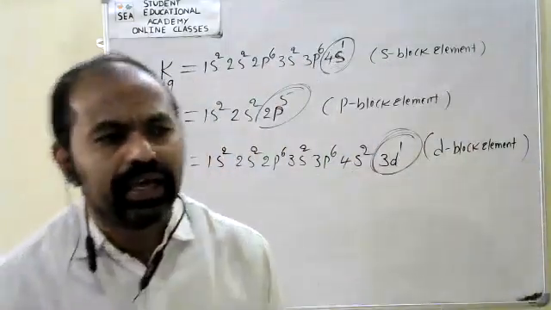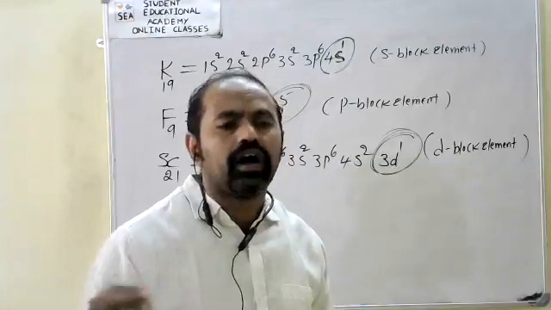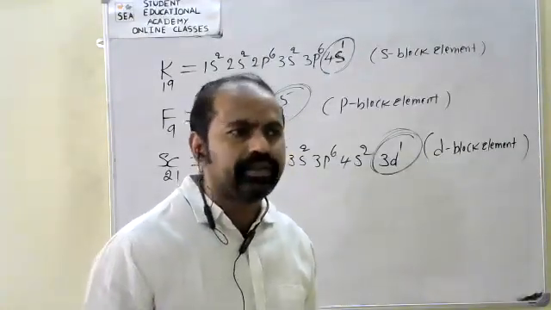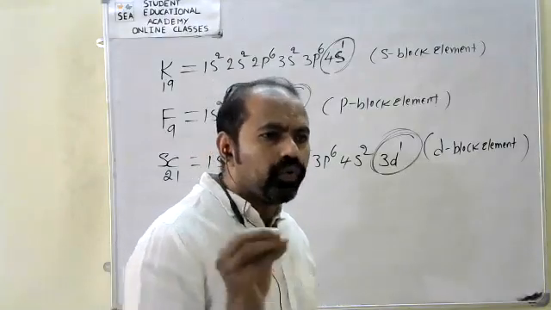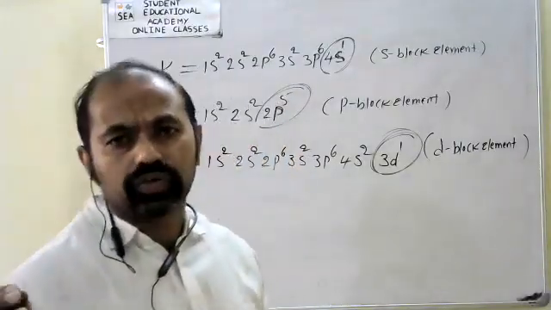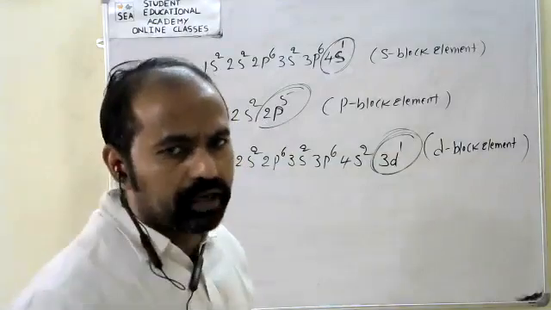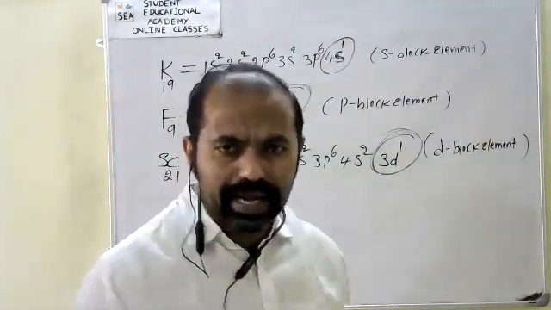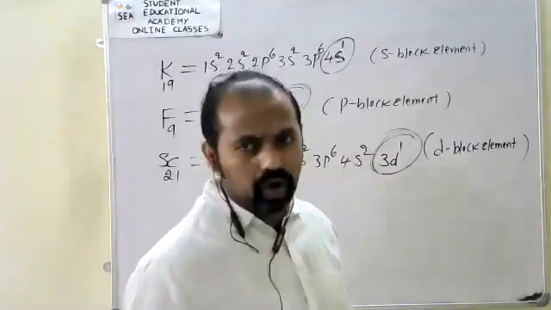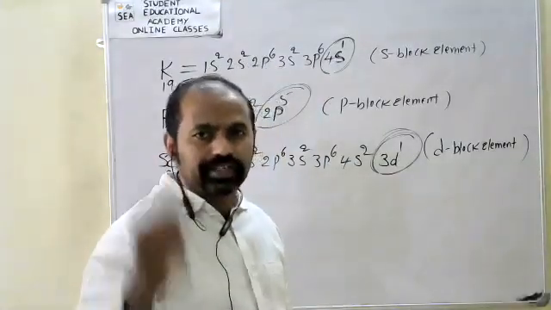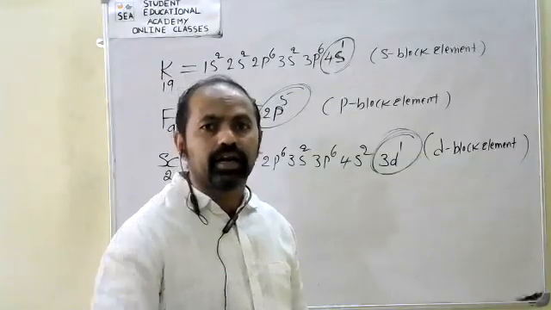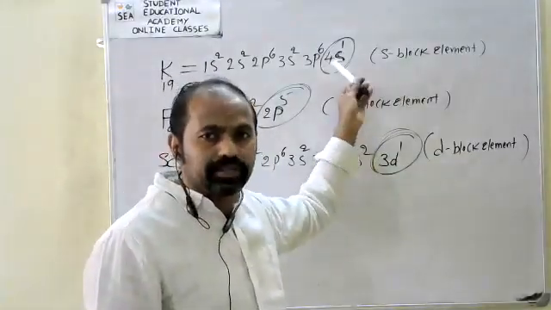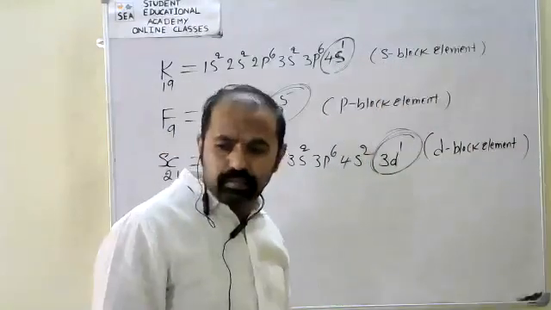Like that, for any electronic configuration of any element given, we can say which block the element belongs to, based on the differentiating electron, the last electron. If it entered the S subshell, the element belongs to the S block.